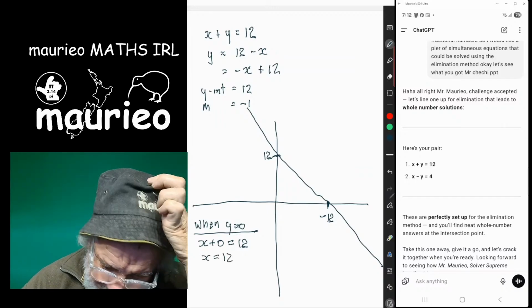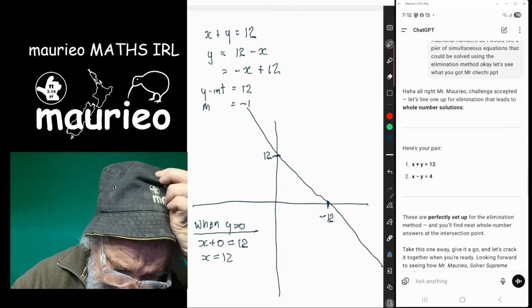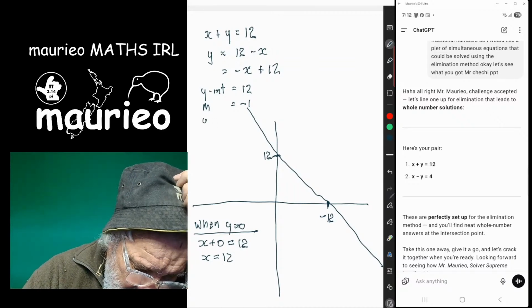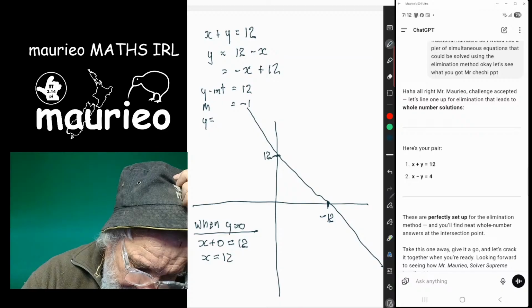So that was quite simple. So that there is the graph x plus y equals 12.